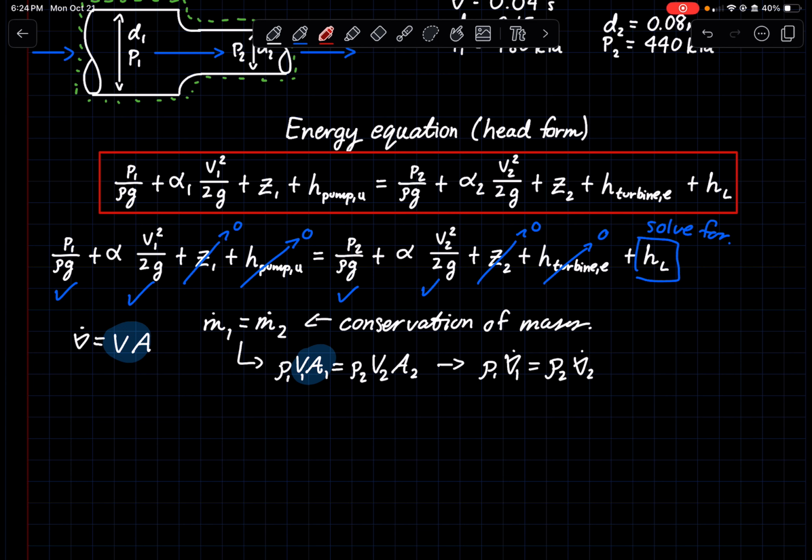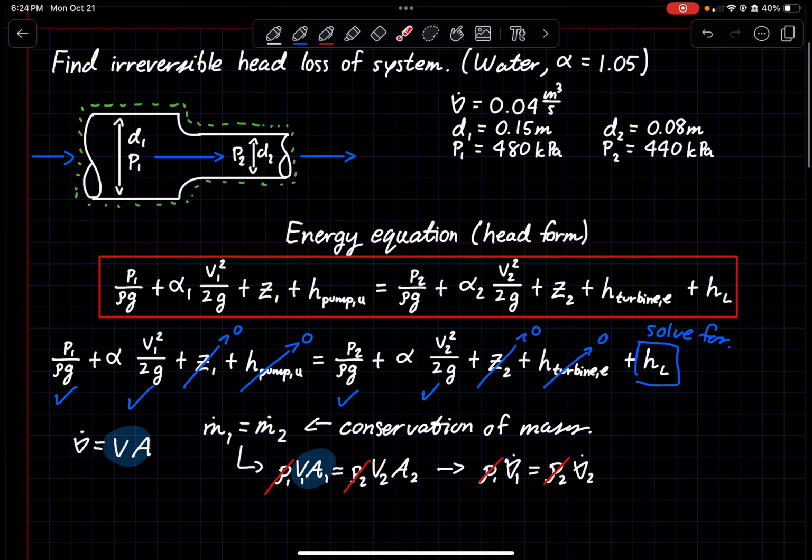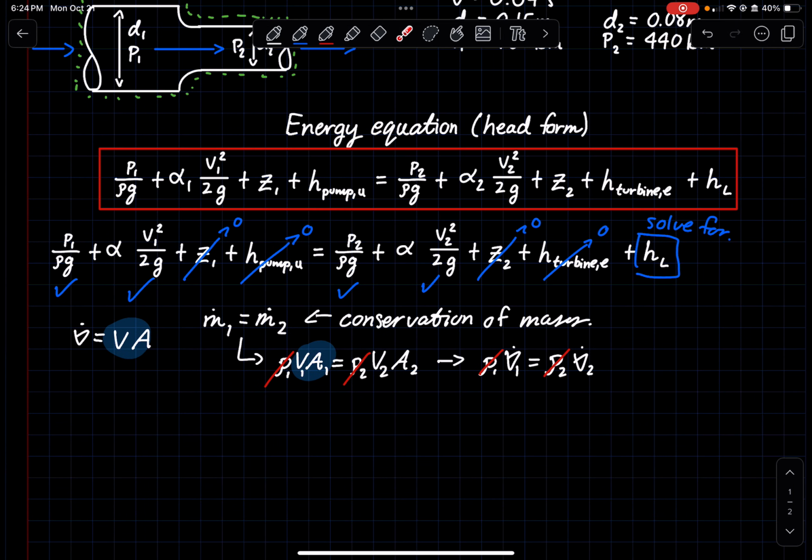With it being incompressible, our density will not change, so we can cancel out our densities. That means we can use this one volumetric flow rate up here to find the velocities at both this area and this area of our system. So let's go ahead and do that.